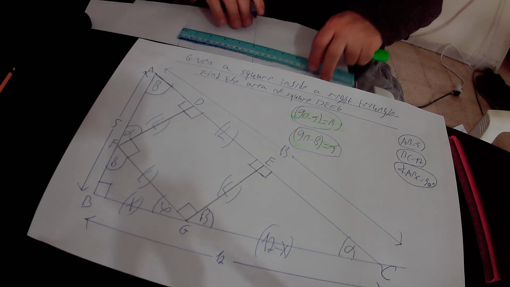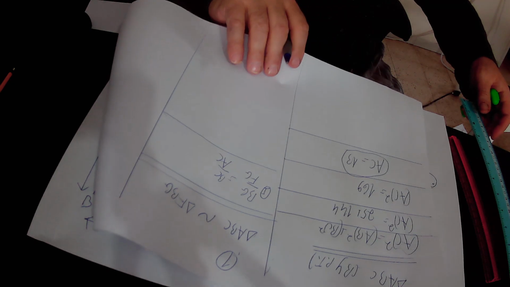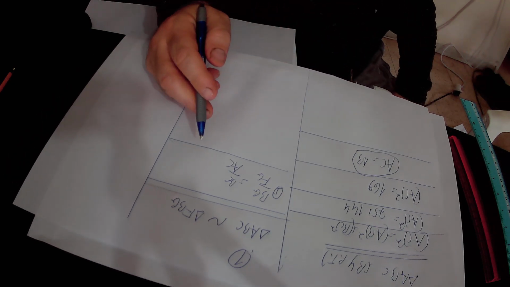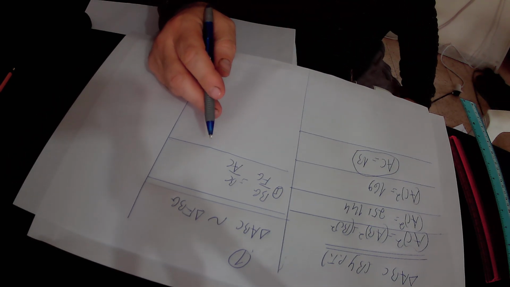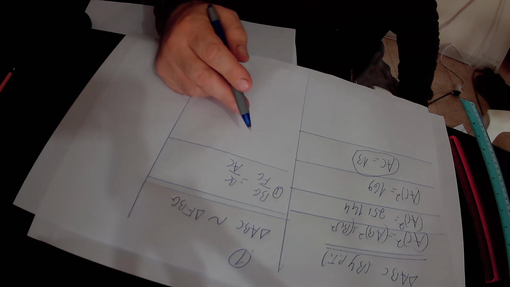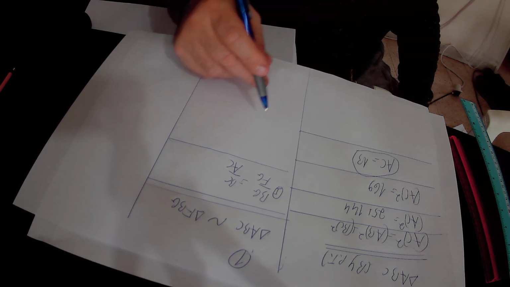I repeat again, from the fact that the right big triangle ABC is similar to the right small triangle FBG, we derive that BG over FG equals BC over AC.